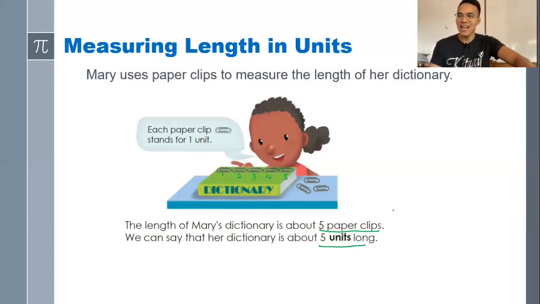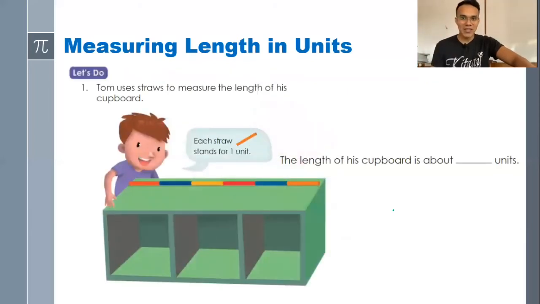Okay? Let's have some exercises. I think there are only 2 exercises here. Let's start with number 1. Tom uses straws to measure the length of his cupboard. This is a cupboard. Note that each straw stands for 1 unit. So let's count the number of straws.